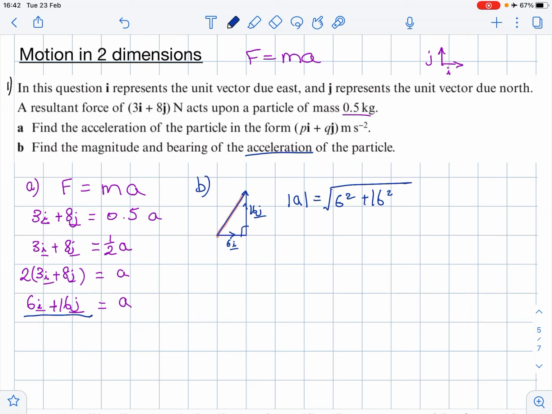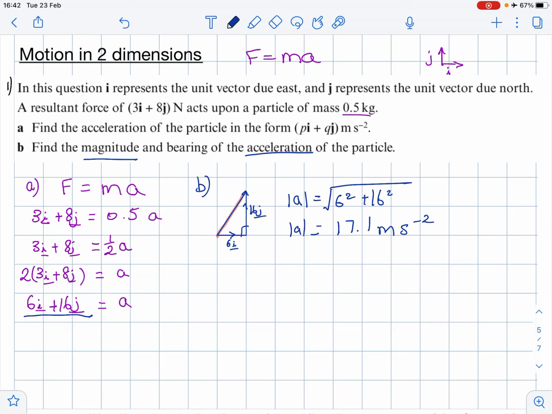The magnitude of a is 17.1 meters per second squared, and you get this answer simply by typing it into your calculator. So this is your magnitude.